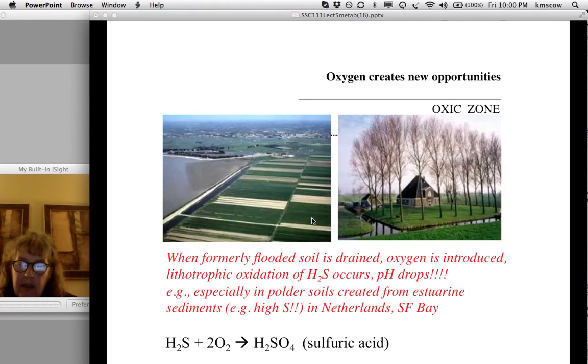So this process has to take its course for a while, and also a lot of lime is used to try to buffer some of this pH drop that happens. But after a while, this H2S will work itself out of the system, and with some good liming, your soils will have high enough pHs eventually that you can plant crops. But really interesting thing that's all about these donors and acceptors.